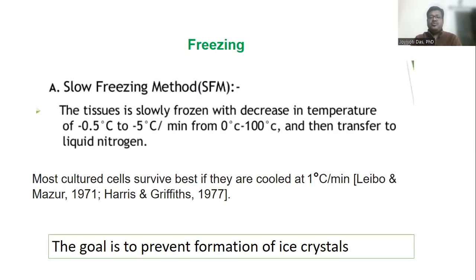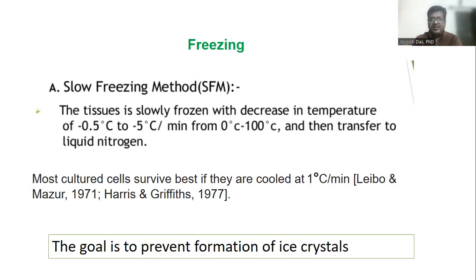So how should the process of freezing be? We already discussed that the process of thawing a cryopreserved stock of cells should be rapid, but for freezing, it is exactly opposite. The preferred method of freezing cells using the freezing media is the slow freezing method.